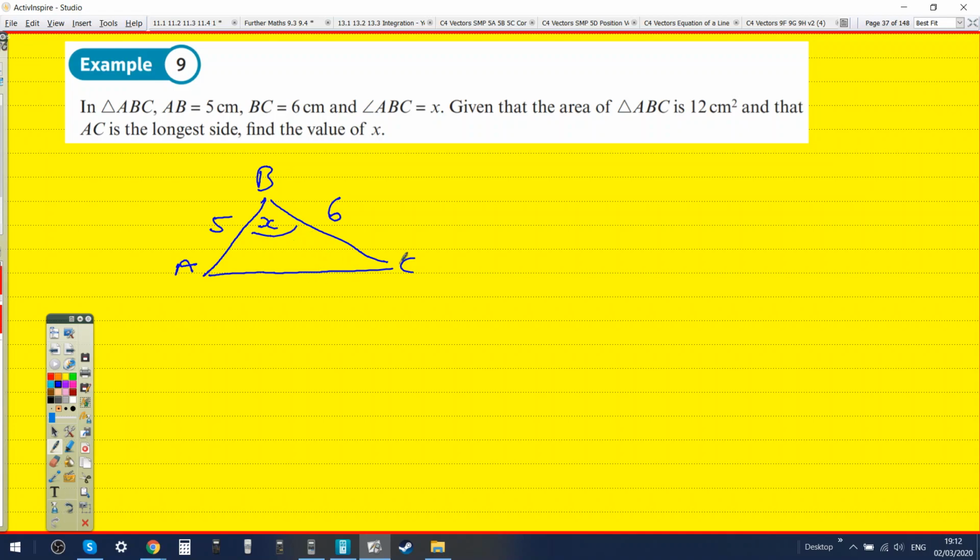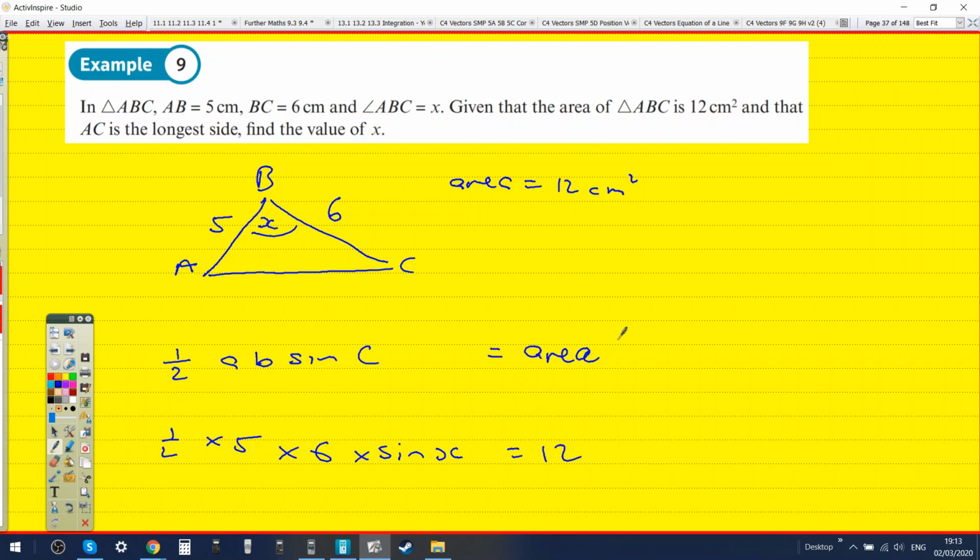And then if you write half A, B, sine C, so half times 5 times 6 times sine x equals 12.